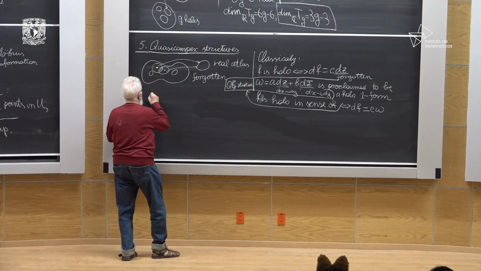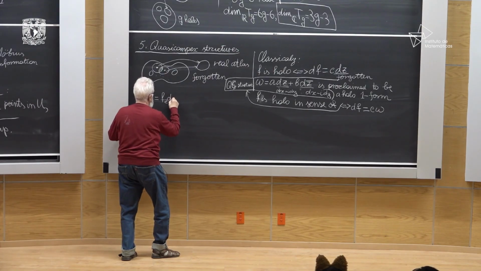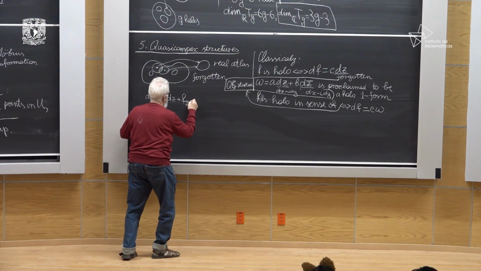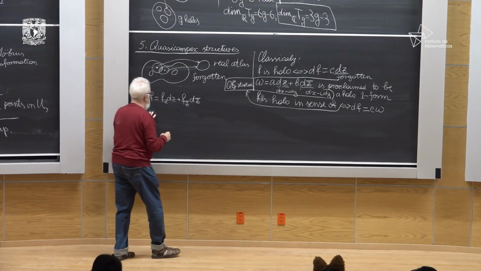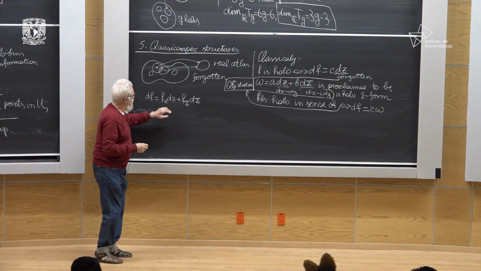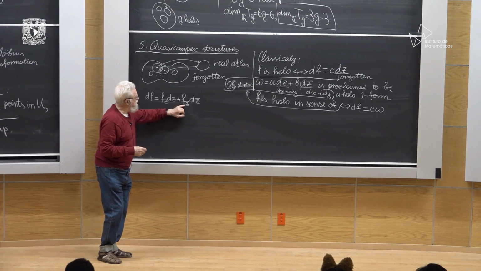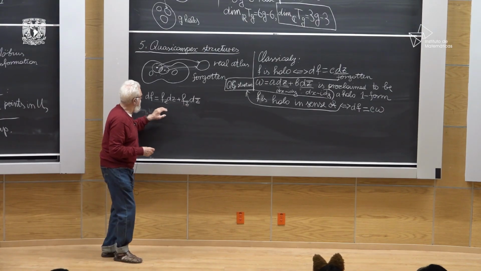So the differential of f is ∂f/∂z dz plus ∂f/∂z̄ dz̄. The partial derivatives over z and z̄ are defined in the same way as over x and y, and I will not recall how it is done.